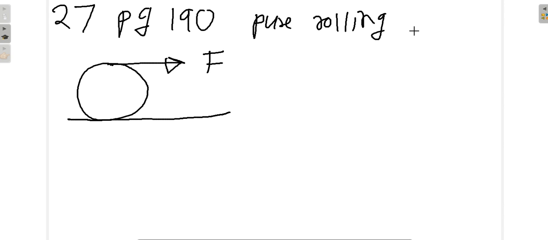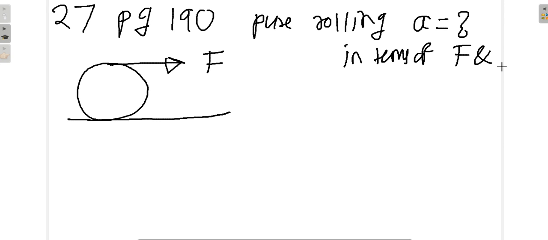We are supposed to find the acceleration of the sphere, acceleration of center of mass, obviously in terms of F and the mass of the sphere M. Okay. Now the first important question arises regarding direction of force of friction.